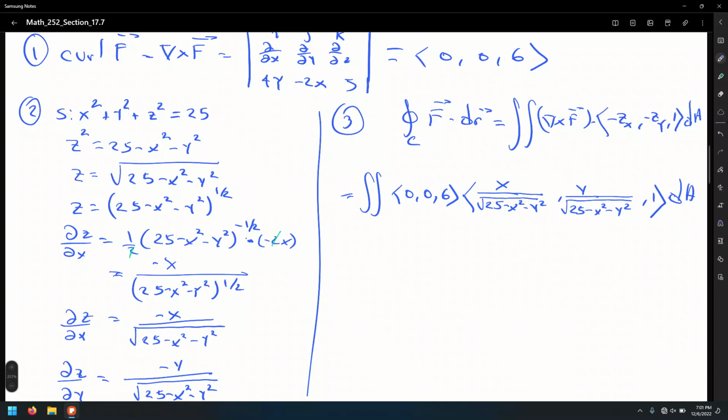All right? So the next step would be to do this dot product, and to perform the dot product, we multiply component by component.